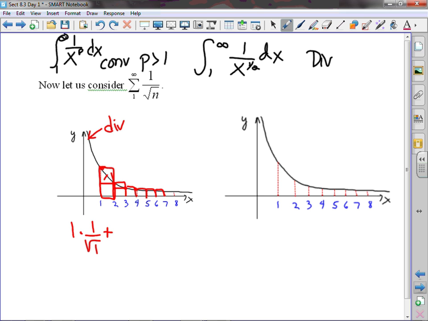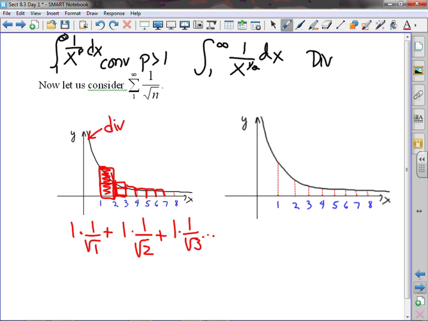And I'm going to get the series out of it. And it's 1 times 1 over the square root of 2 plus 1 times 1 over the square root of 3. I'm just finding the areas of these rectangles. The base is 1, and this height is 1 over the square root of 2, right there. I'm finding the areas of these rectangles.